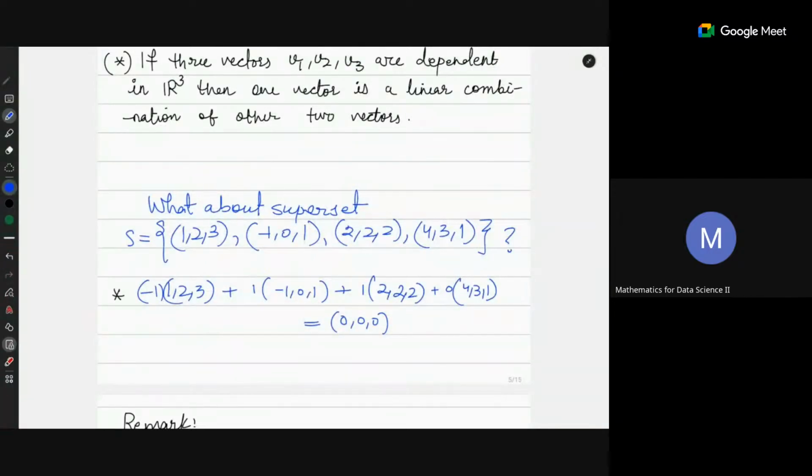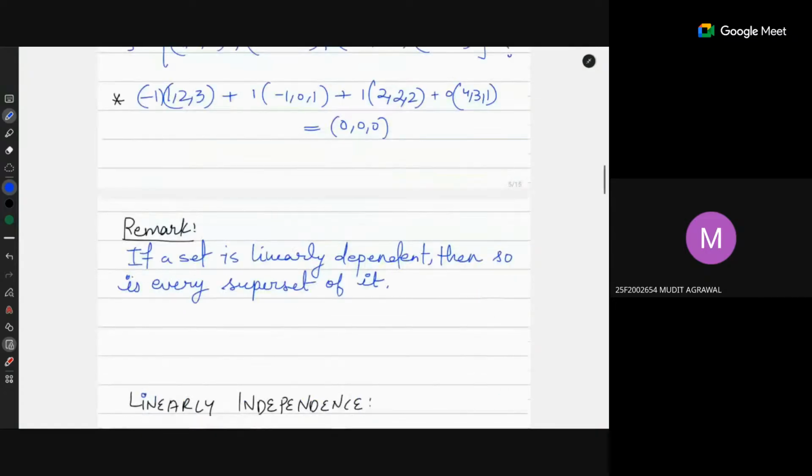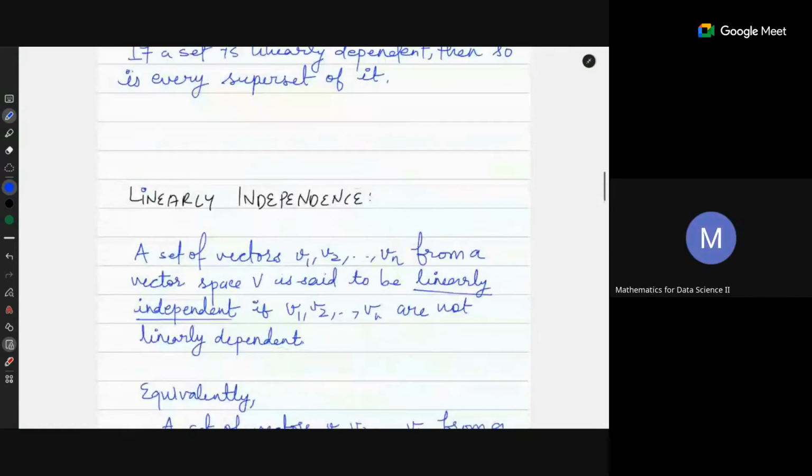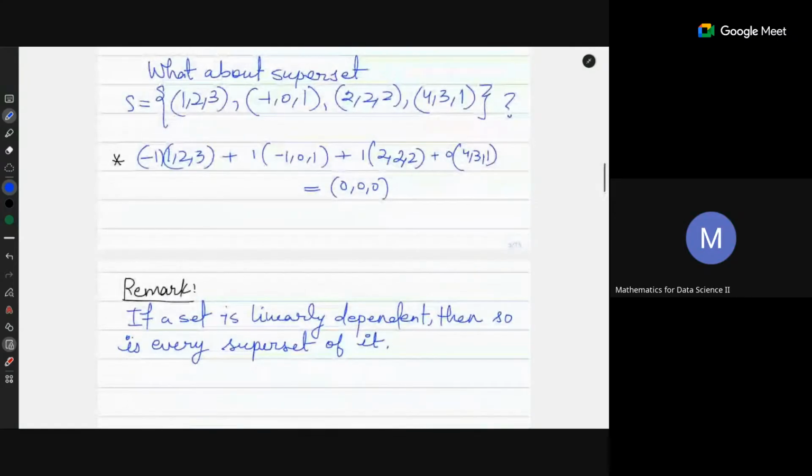Can the 0 vector be an element of a superset? Anything can be an element of a superset. Okay, sir. So can we say that to be linearly dependent, there must be two variables which are non-zero?